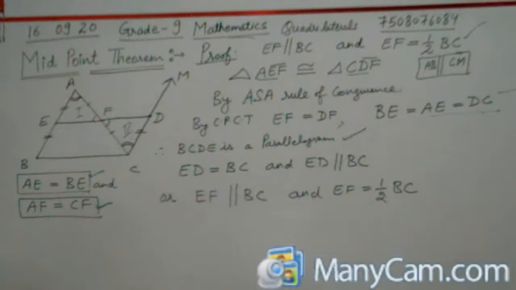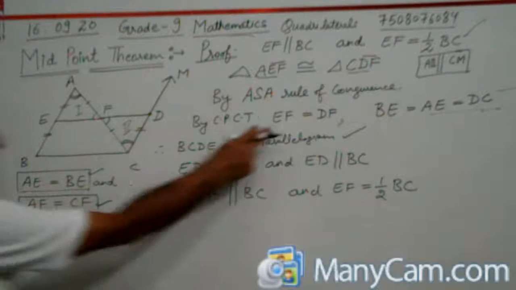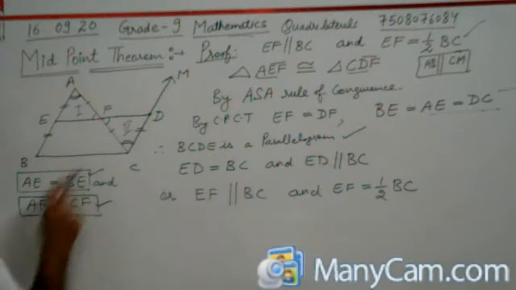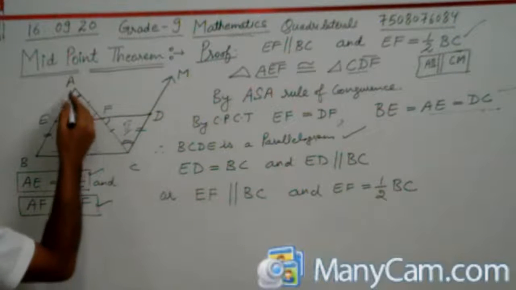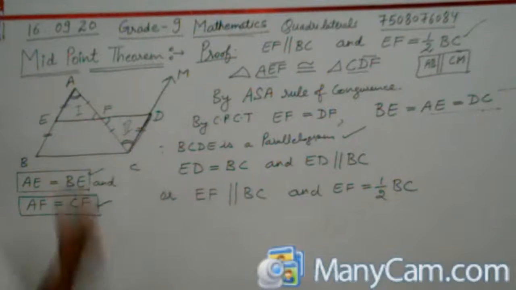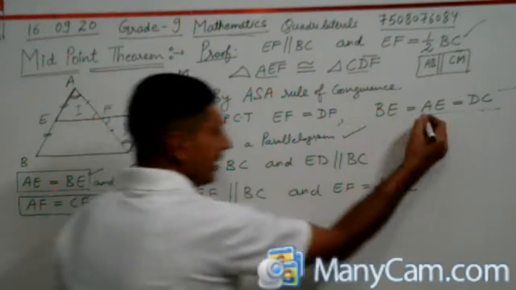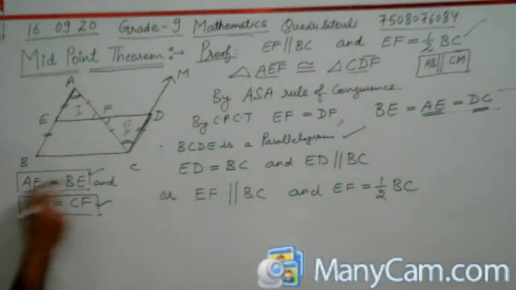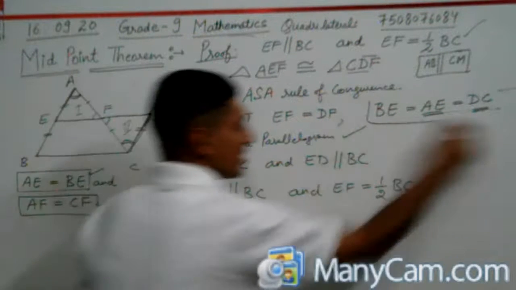Here EF is equal to DF by CPCT. Another, we have proved that AE is equal to CD, and already we have here AE is equal to BE. So we have this statement.